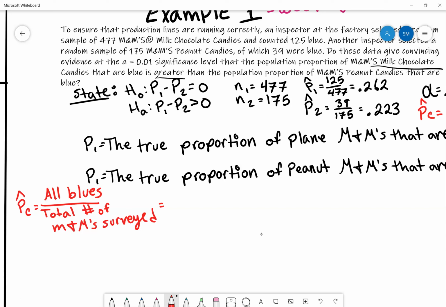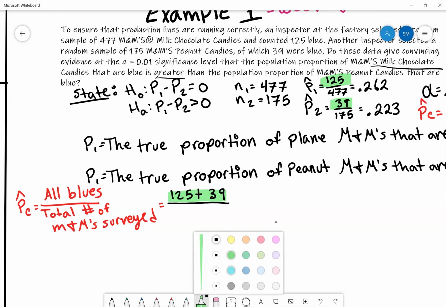That means the total number of blue, so we had 125 and 39. That is going to be our numerator: 125 plus 39 gives us the total number of blue M&Ms. On the bottom, we're going to have the total number of all M&Ms.